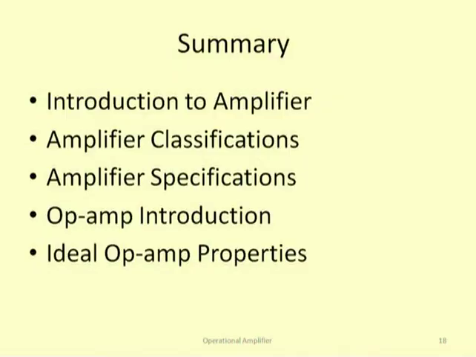Then we have seen a little bit about analog circuits and digital circuits. We have studied various specifications of the amplifier. Then we looked at the op-amp introduction. We have looked at the properties of the ideal op-amp. So basically these are the topics which we have covered in today's talk.